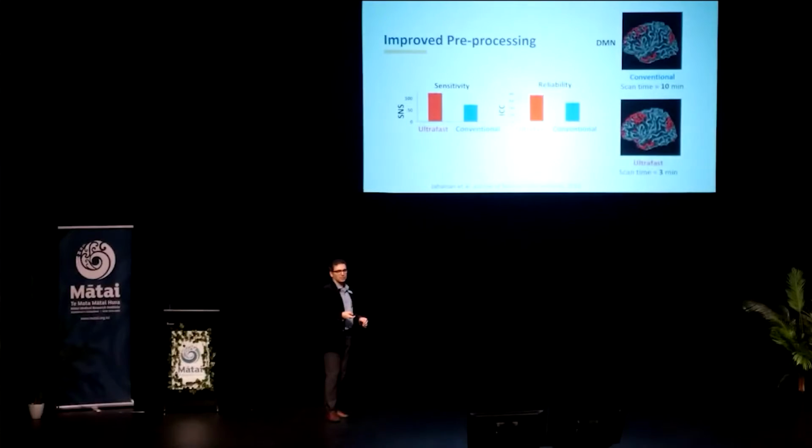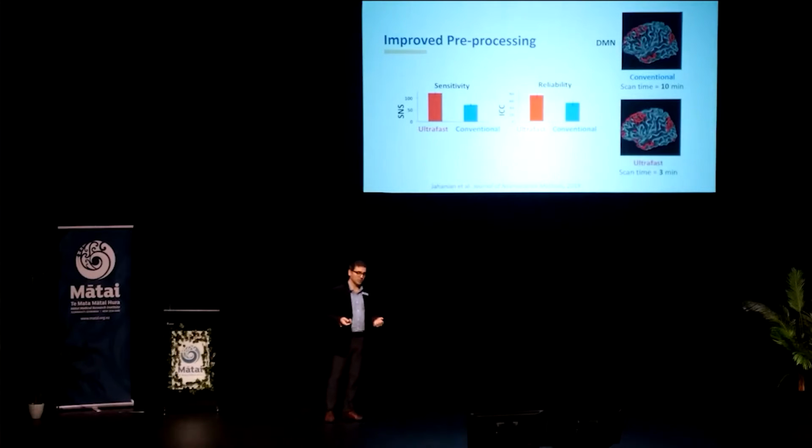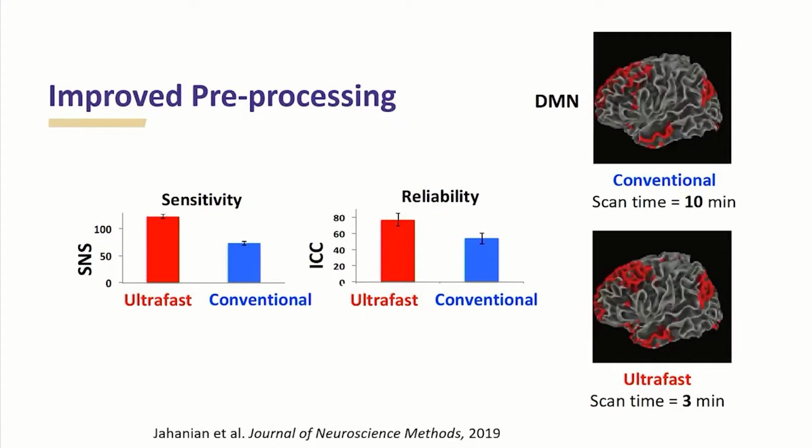So because of this improved pre-processing, we can basically measure these functional connectivity networks much faster from shorter periods of time. And by doing so, it basically improved the sensitivity and reliability of our measurements. And both of them are very important when we want to use it at the single subject level as a clinical tool.